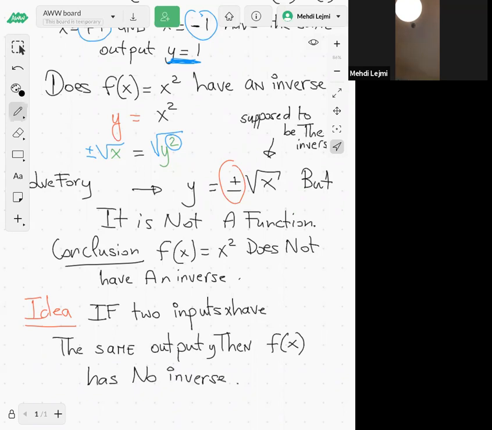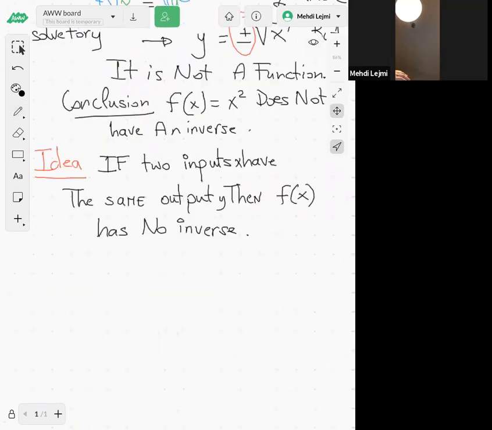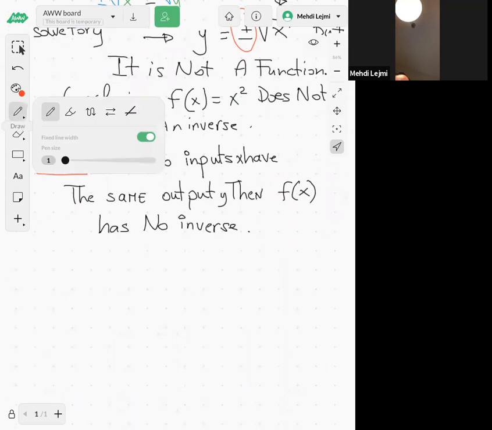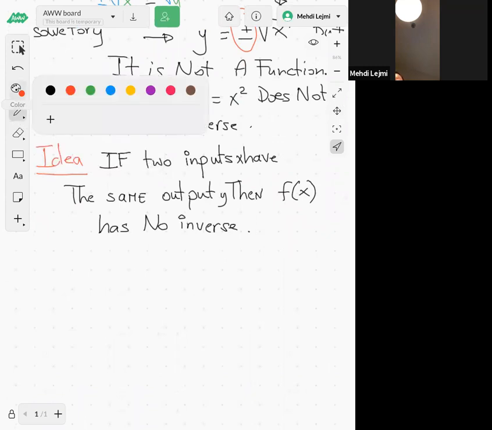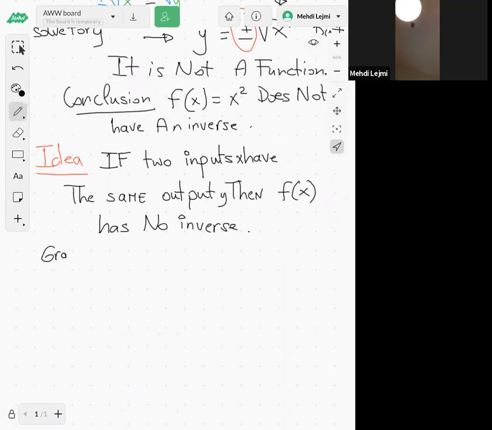Okay. So now let's check the graph of x squared. Let's say this is 1, 0, 1, -1, say this is +1, 2, etc. This is, let's say, 4, etc., -2.